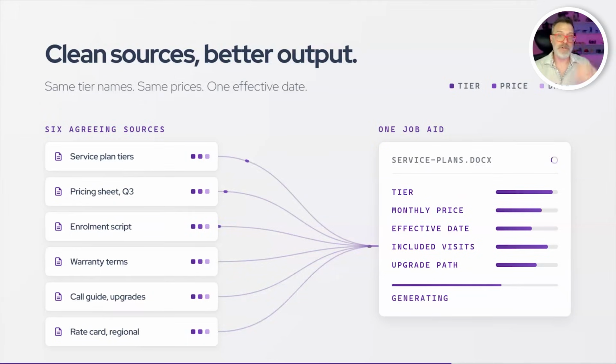Feed a tool 3 versions of a pricing sheet that disagree, and you don't get an error message. You get a confident job aid with a wrong price in it, and a rep reading it out loud to a customer. That's also why the intake work matters upstream of this. Deduplication and currency aren't housekeeping. They're the difference between grounded output and confidently wrong output.